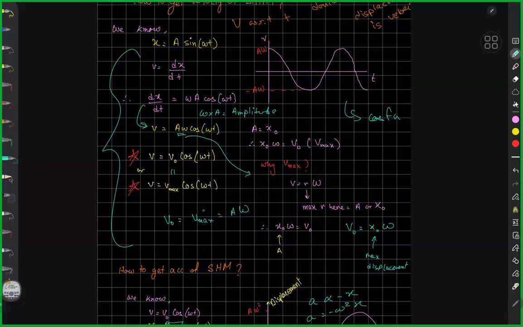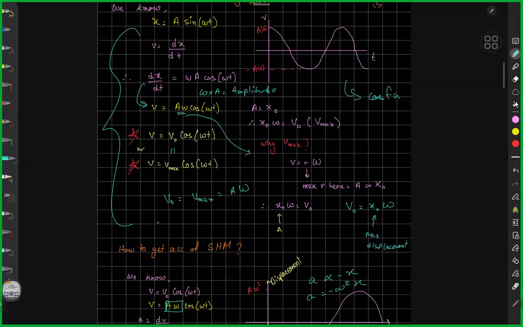If you're still confused, if I wrote x equals A sine omega t, or let's say I wrote C D E F G sine omega t, what is the maximum displacement over here, or the amplitude of the x curve, where C, D, E, F, G are constants?